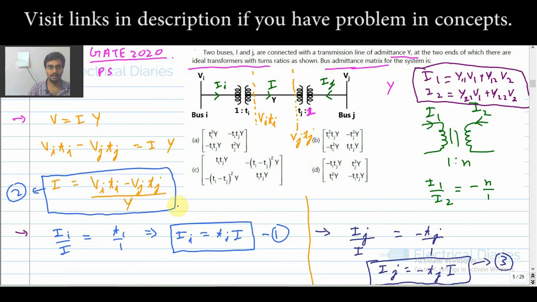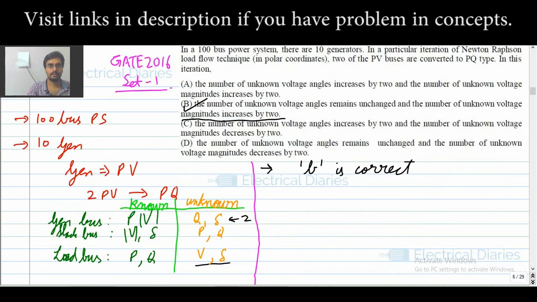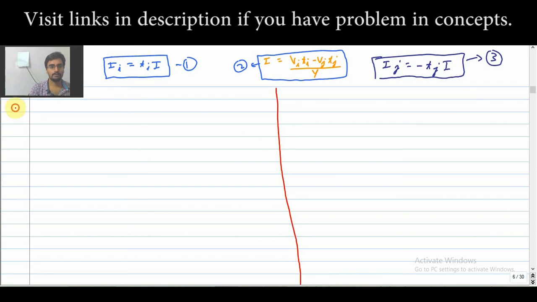Now I will put the value of I from the second equation in this equation as well as in this equation. So I will have Ii and Ij in terms of Vi and Vj, and that is what I wanted. That is how you approach the questions. Let me take another page. I have got these three equations, so putting the value of I from 2 in 1 and 3.